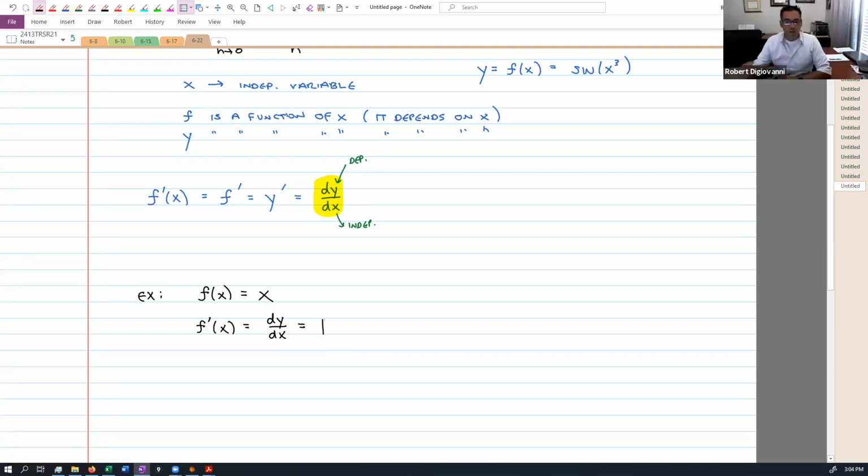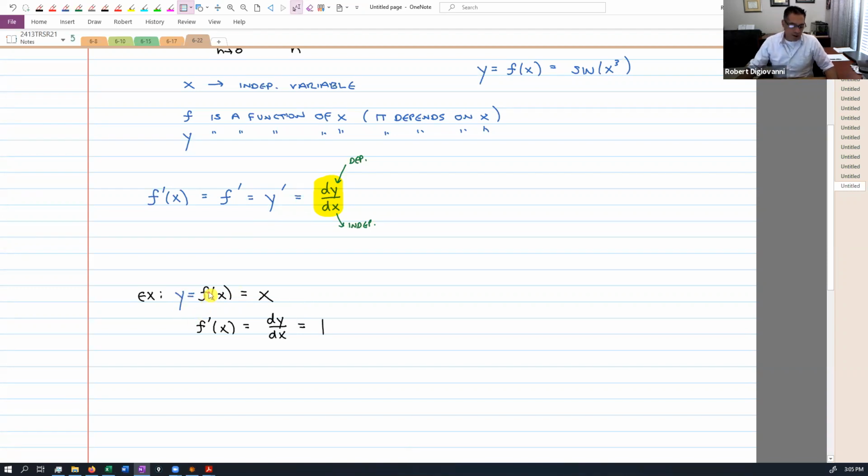Now I want to illustrate why it's 1. I mean, we already know that it's 1 from, I showed you the graph of the x function. It's diagonal, has a slope of 1 all the time. So I shouldn't have to convince you that the answer is 1. But what I want to show you is the notation makes sense that the answer is 1. So let me write something down here. If this f of x, if we call this f of x, well, let me put the y on the other side.